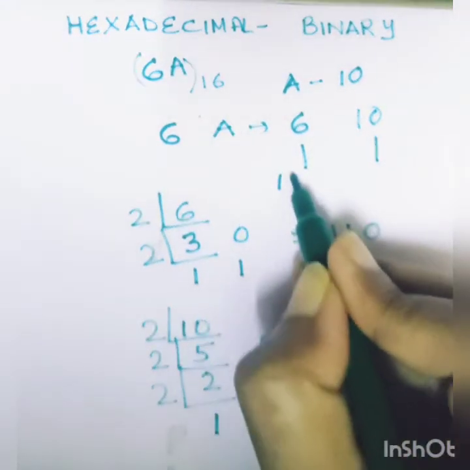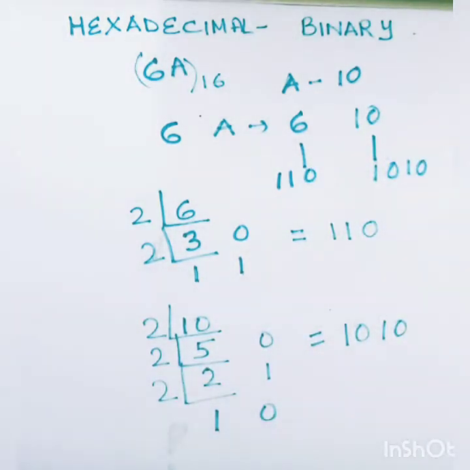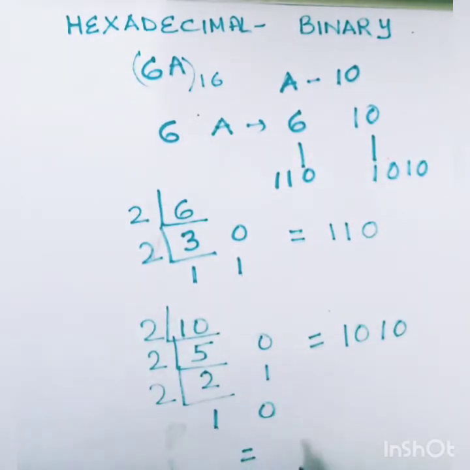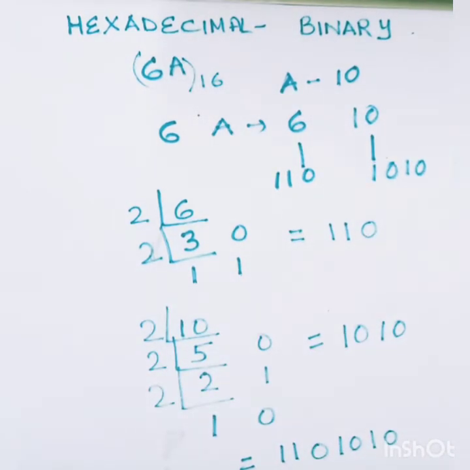So here we get 1, 1, 0. Here we get 1, 0, 1, 0. Now simply combine them. So what is the answer which we get? 1, 1, 0, 1, 0, 1, 0. Right? This is how we convert hexadecimal to binary.